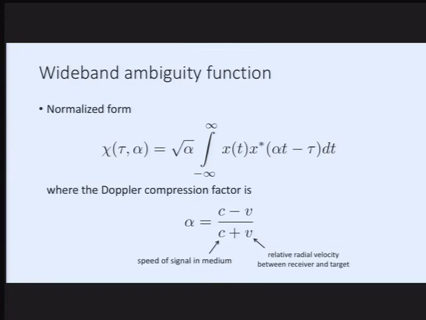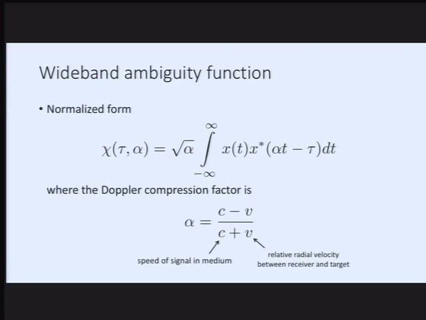Okay, so I don't expect you to really internalize everything in these equations, but I'm putting them up here so that if you decide to look up the ambiguity function later, in case this interests you, you'll be able to find it. So this is essentially a way of capturing information on how likely it is that clutter will be mistaken for a target of interest. And essentially it's some sort of cross-correlation that takes into account that the returning echo is distorted by the Doppler shift, because a bat will be flying.